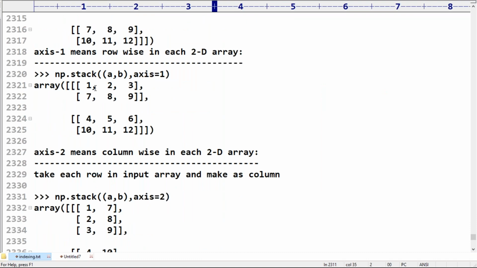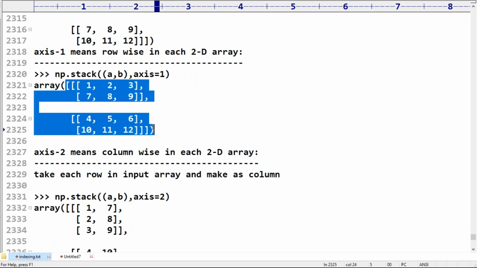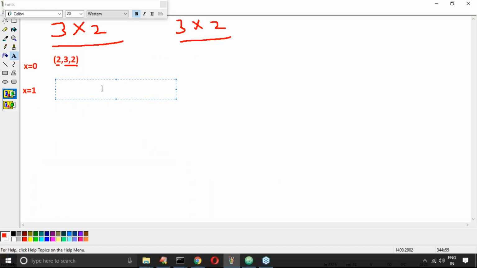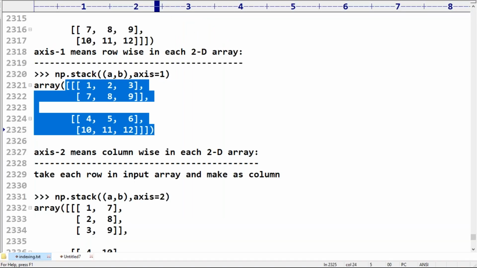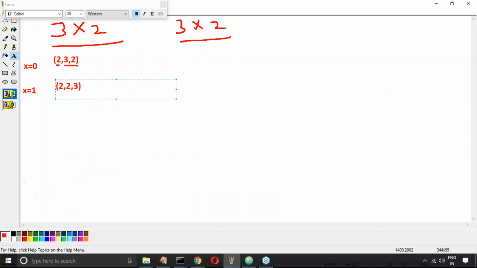Axis equal to 1 means 2 by 3 only. 2 comma 2 comma 3 we are getting. Correct, right? Axis equal to 1, 2 comma 2 comma 3. In every two-dimensional array, 2 rows and 3 columns.